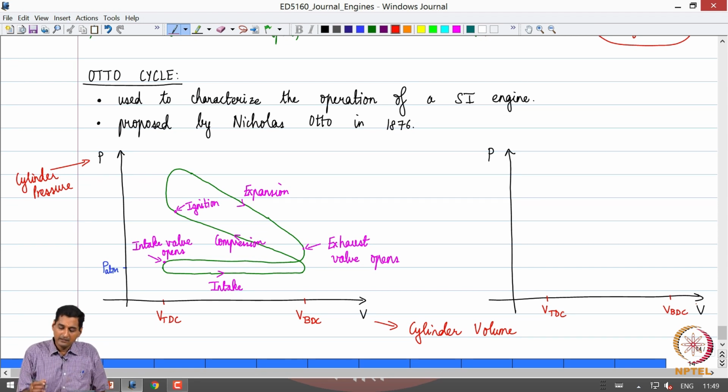And before I go to the Otto cycle, please note that if I look at the approximated actual cycle, whatever work which I get will be the work output. But this area, as we know in thermodynamics, the area of the PV diagram gives me work, either work input or work output.